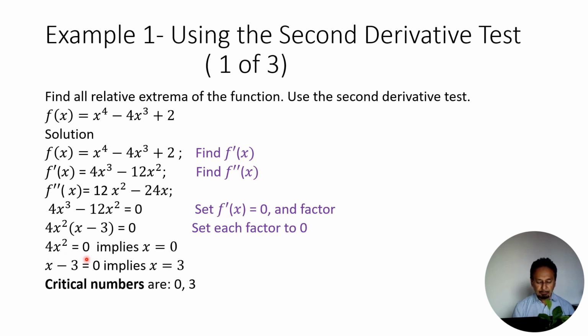You can divide by 4 and take the square root, so you get x equals 0. Next is x minus 3 equals 0, and you take the 3 to the right, so x equals 3. So we have critical numbers 0 and 3, and now we're going to find out at which critical number the function has a relative minimum and at which it has a relative maximum.